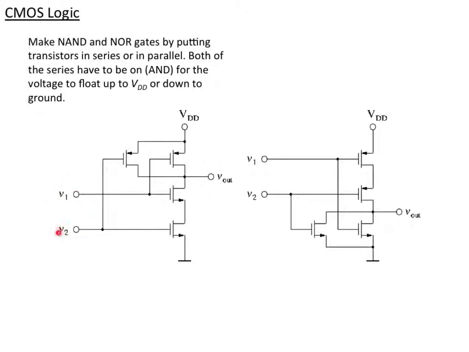But if either one of these is low, then one of these will be disconnected, and one of these will be on, and we'll have a connection here, and this will go high. Likewise, if they're both off at 0, then both of these will be on, pulling this up to VDD. If we just change these around, we get the NOR gate, which I invite you to go through the logic of yourself.